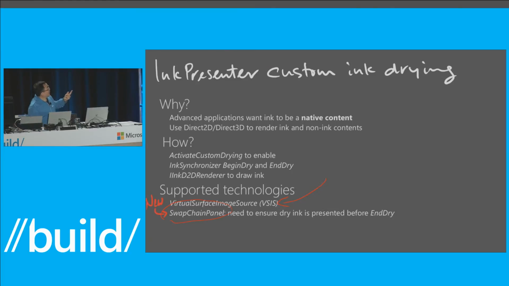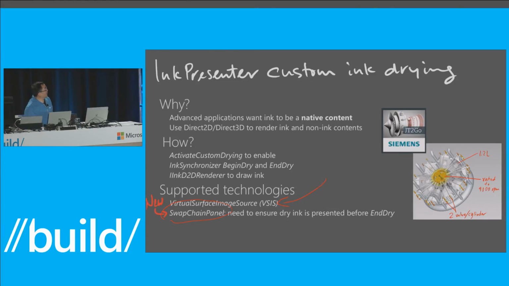And we have applications like Siemens JT2Go. And as you can see here, they use swap chain panel to draw a 3D object. In this case, I think this is a turbine or some object. And they custom draw the ink to be part of their 3D object. It's very powerful.